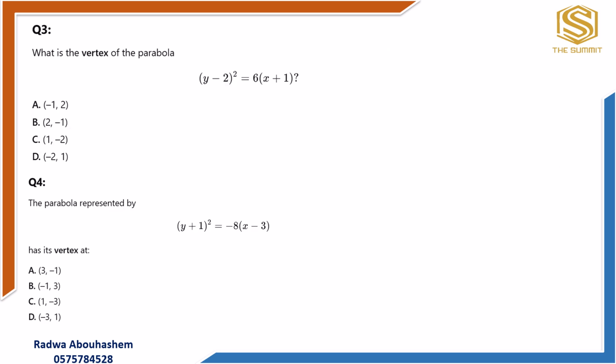What is the vertex of the parabola? Okay, the first part, open vertically or horizontally? The squared part is on the y, so it's open horizontally, because the y comes first. So beside the y, all the time you have k, and beside the x, you have the h, right? So you have to change the sign. H and k, the vertex, it's h and k.